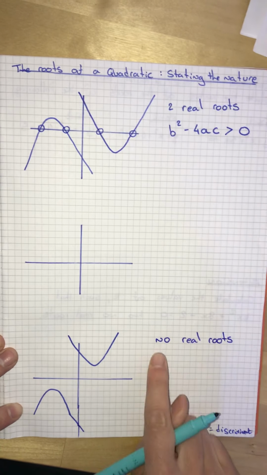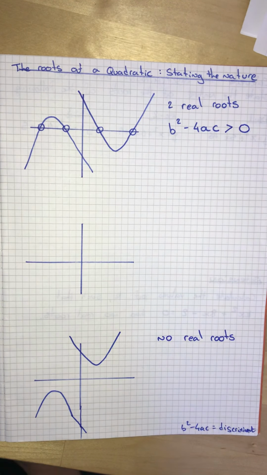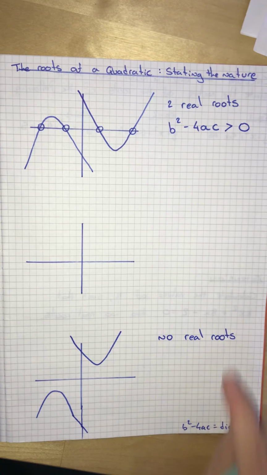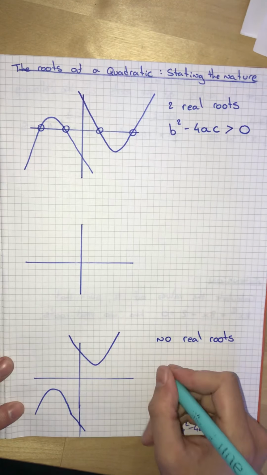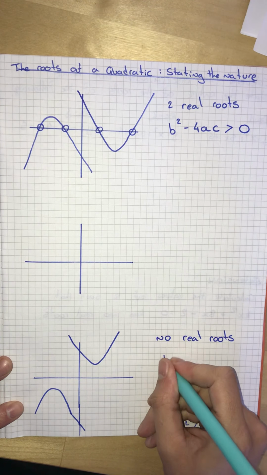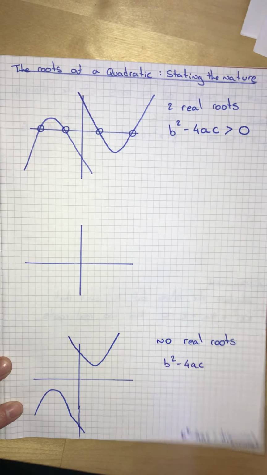And that's a very important thing to say. You need to say no real roots, because that's a particular definition of something that comes up later in maths in advanced higher. But for the description, you need to say no real roots. And if that happens, and you calculate the discriminant of a quadratic which has no real roots, you get b squared minus 4ac, the discriminant.